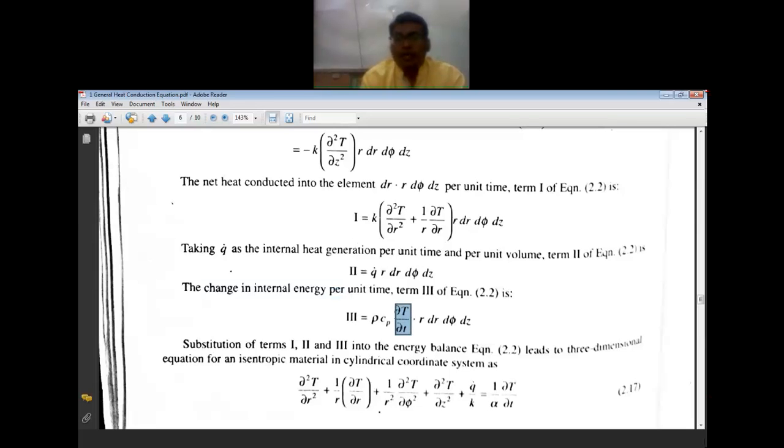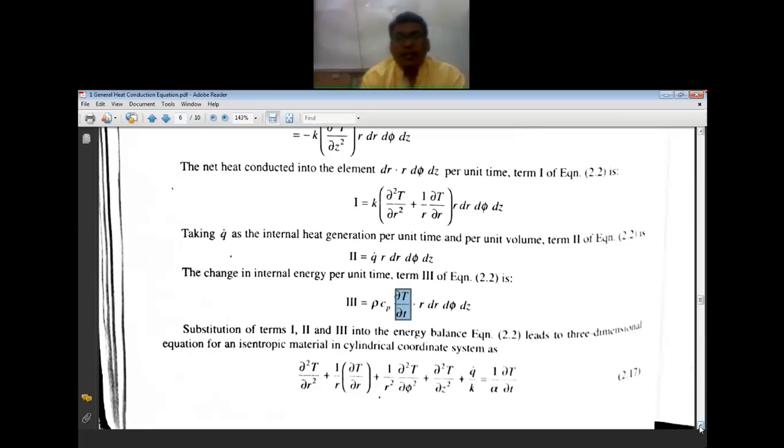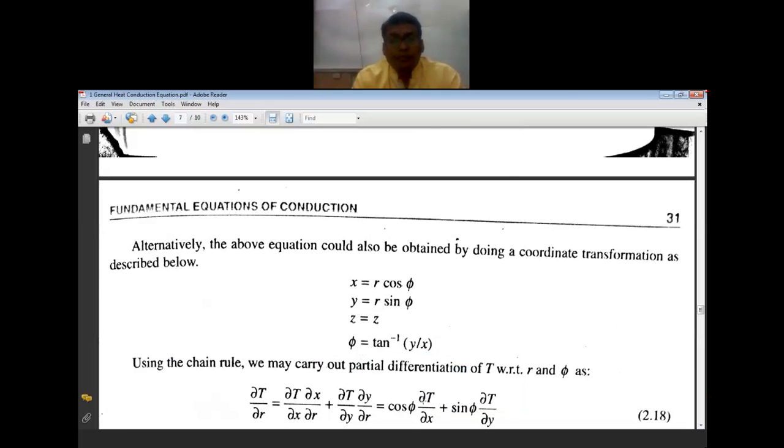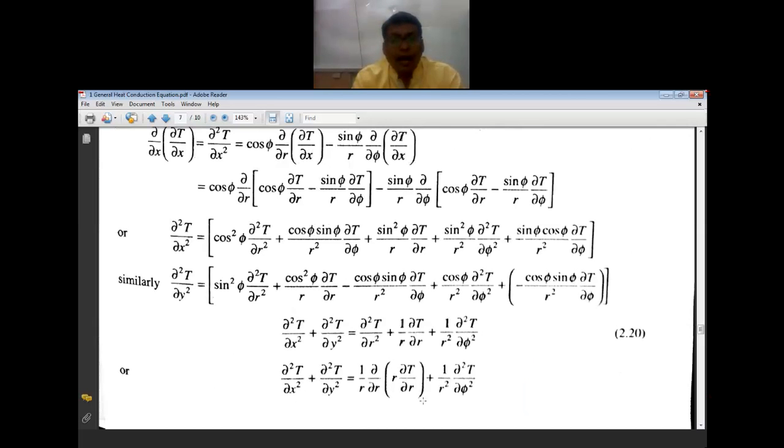So I am going to collect the 1, 2 and 3 terms and write them in the generalized cylindrical coordinate system. So my general three-dimensional equation in the cylindrical coordinate system will become this. Here you only have to remember this general three-dimensional equation in the cylindrical coordinate system.